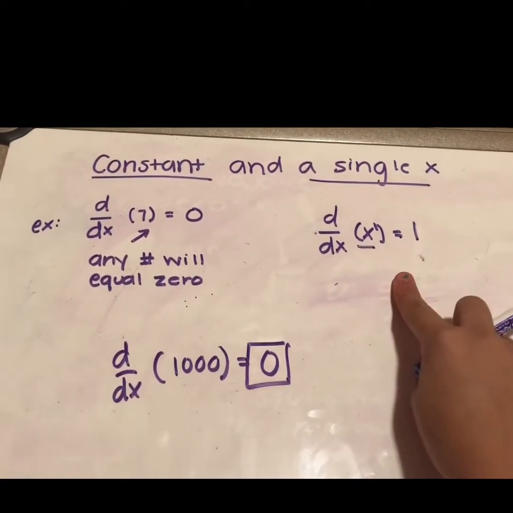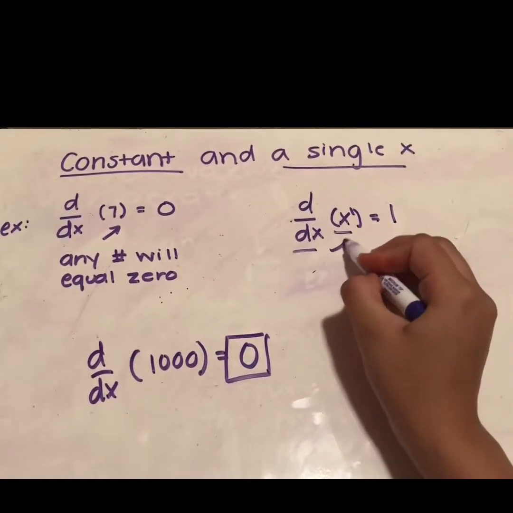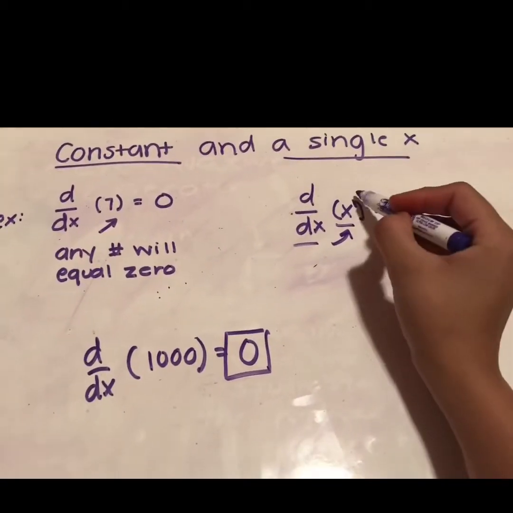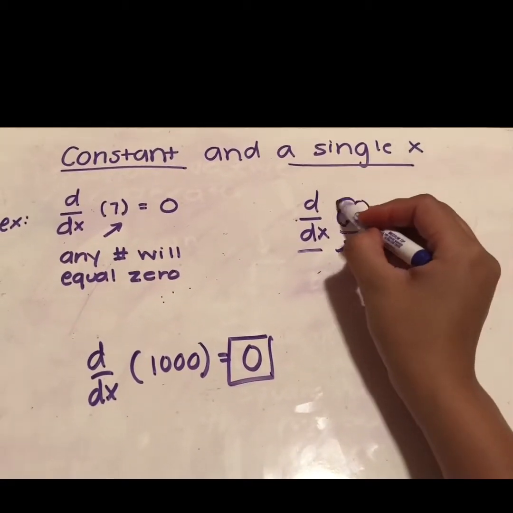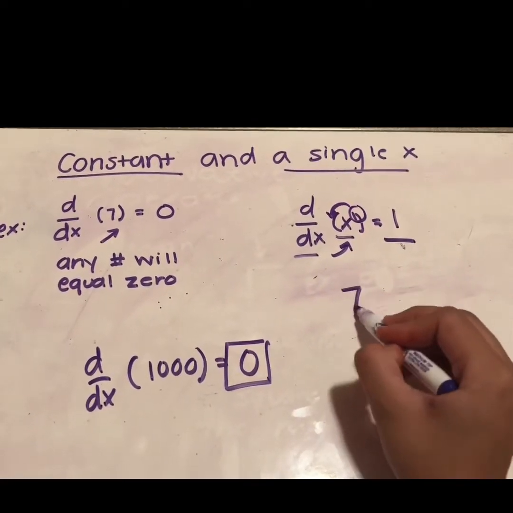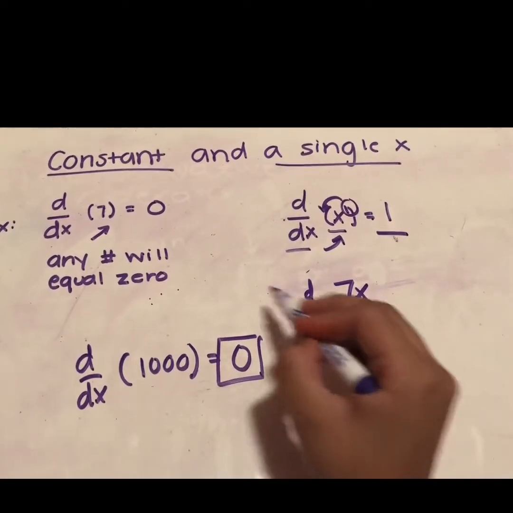And then for the single x, we have the rule that the derivative of any x would always end up being 1, because there's an invisible 1 right here, and then it would come to the front. Another example of this can be if it was, let's say, 7x. So we're finding the derivative of 7x.